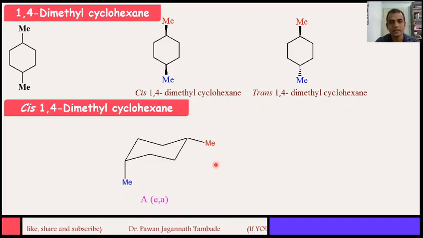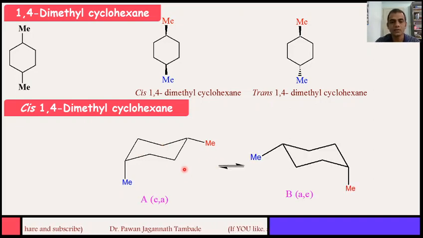If we flip this ring, then we will get another structure for the same molecule, and in this case, whatever atom or group present in structure A at axial position goes to equatorial position, and whatever atoms or groups are present on equatorial position move to axial position.